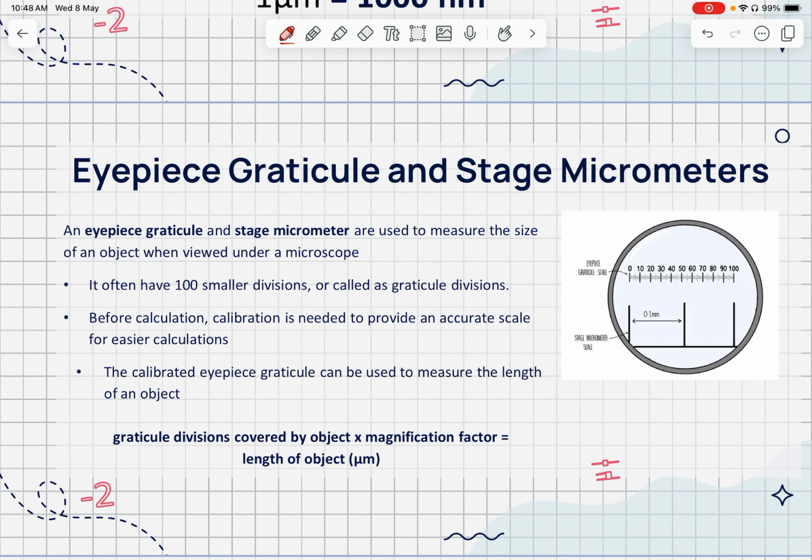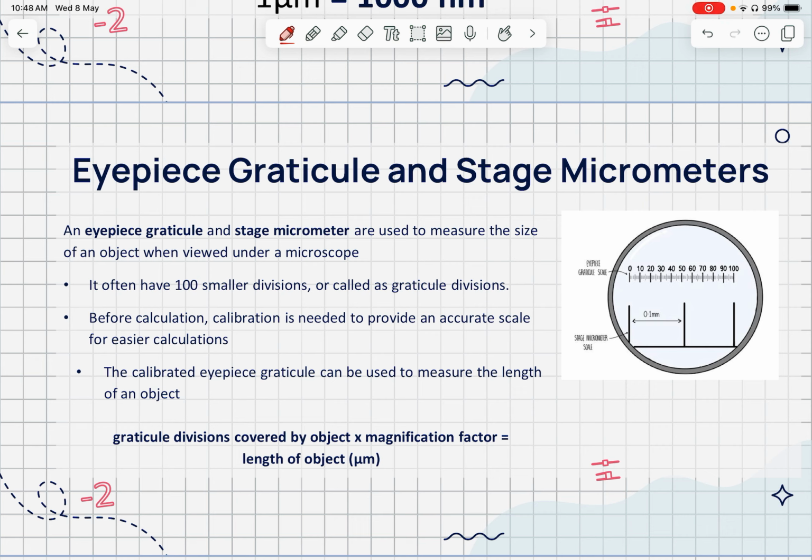When you look at it, it's a circular view, and inside, depending on which microscope you're using, they will have an eyepiece graticule scale or a stage micrometer. It is used to measure the size of an object when it's viewed under the microscope. And often it has 100 smaller divisions, which are known as graticule divisions.